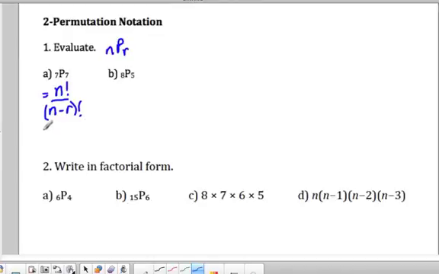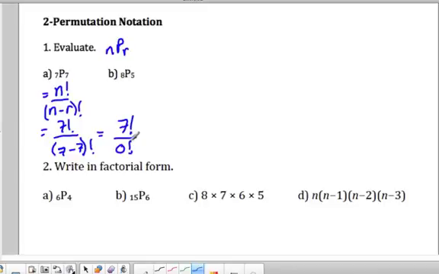So if we sub in, here n is 7 and r is 7, so this will be 7 factorial over 7 minus 7 factorial, which is equal to 7 factorial over 0 factorial.